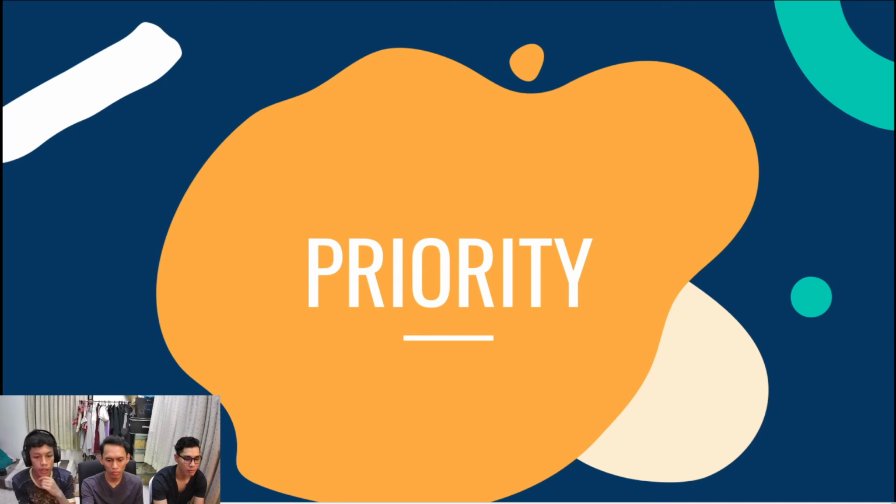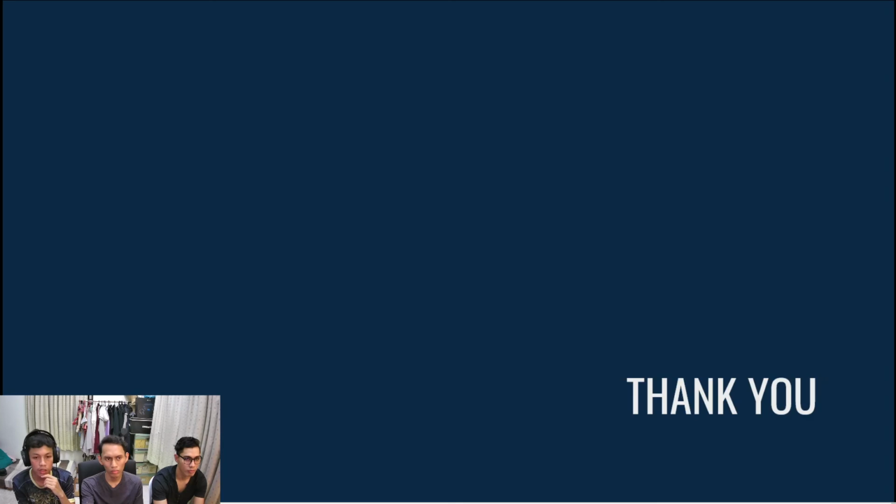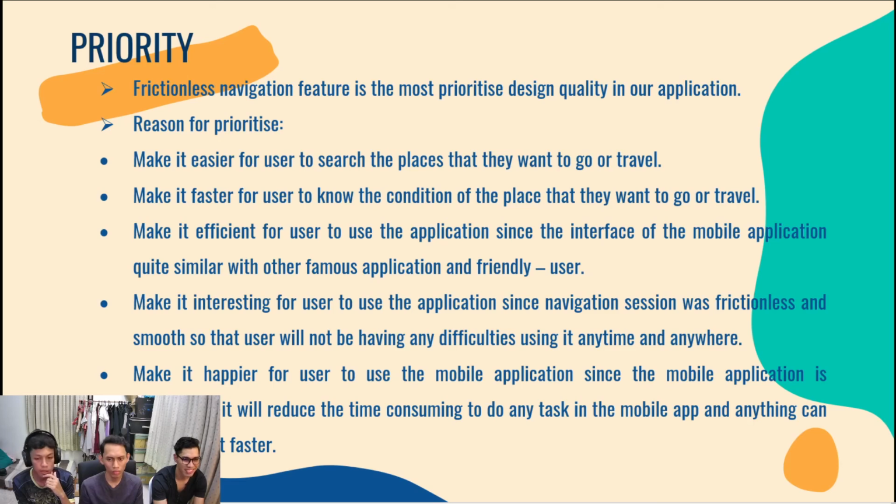Okay, so the last one is about the priority that we focus on in the latest version of our mobile application. Based on the three main aspects that we focus on, we prioritize the frictionless navigation feature.